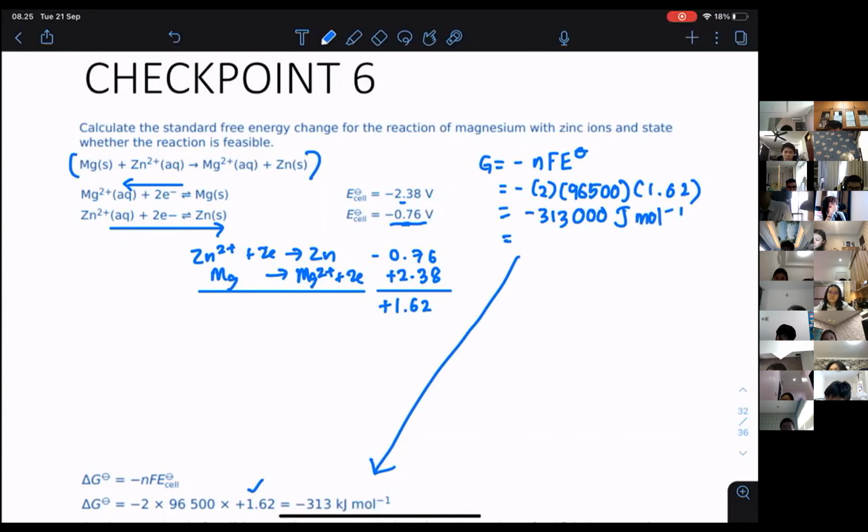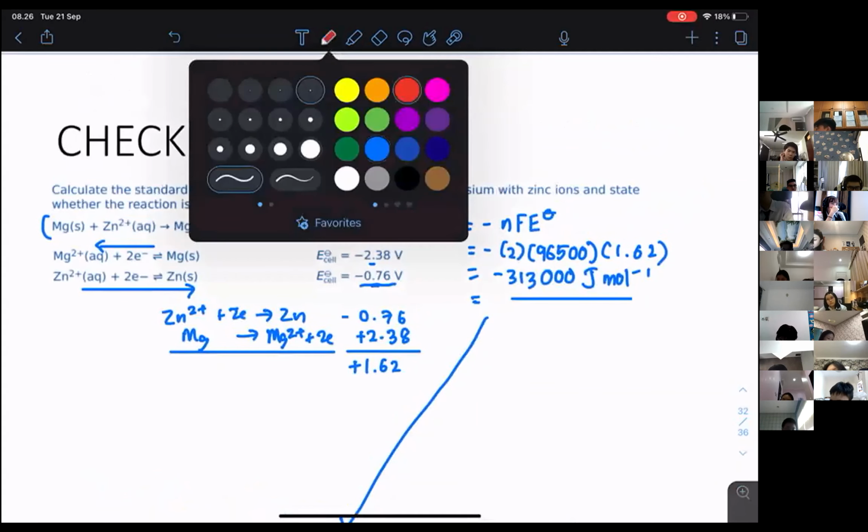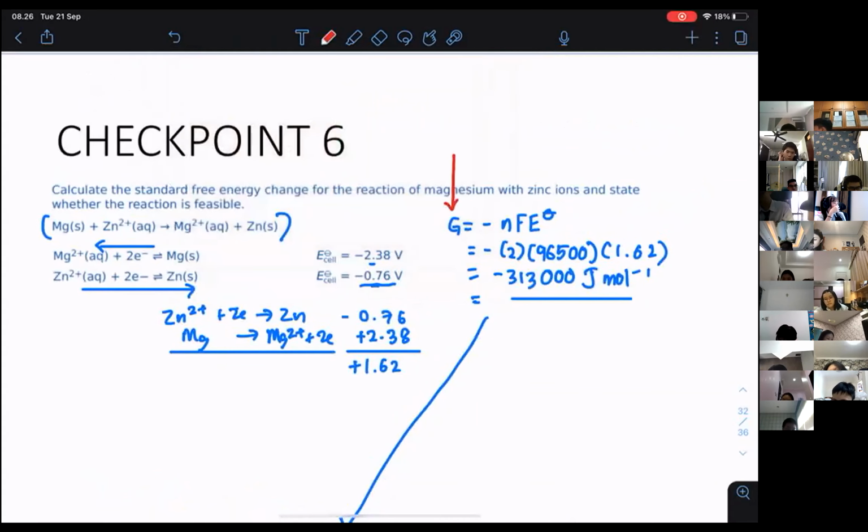Because this is negative, can I predict whether this is feasible or not? The answer is feasible. Why? Gibbs free energy is negative. Even in a simple way, I'll tell you how to predict.